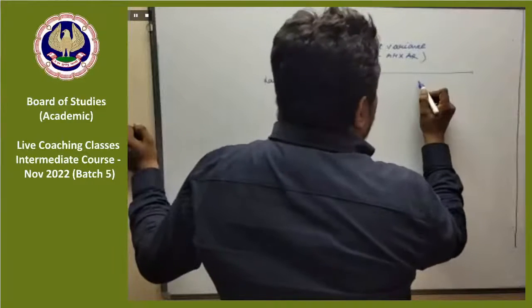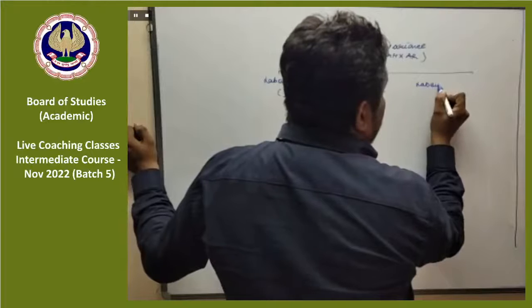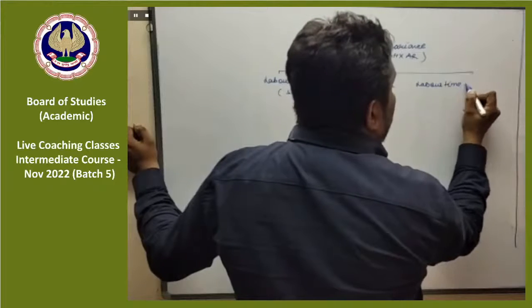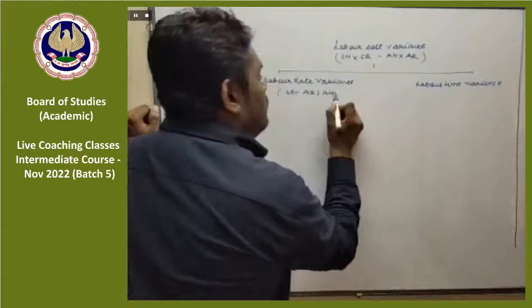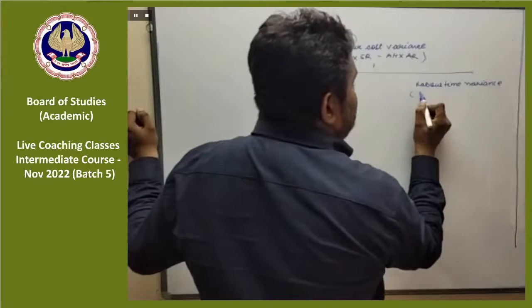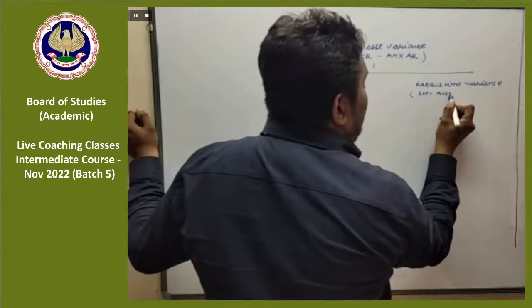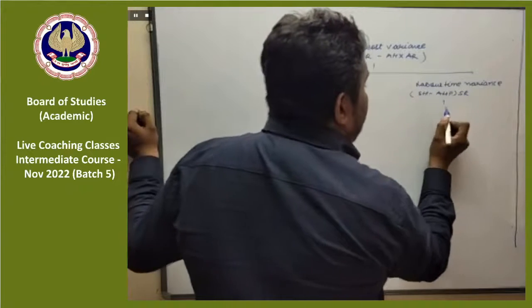When talking about labor time variance, it is standard hours minus actual hours paid into standard rate.